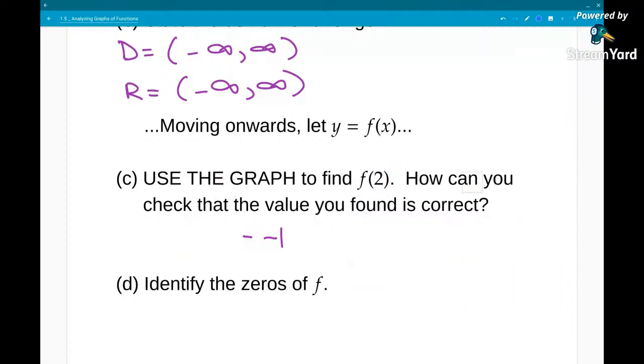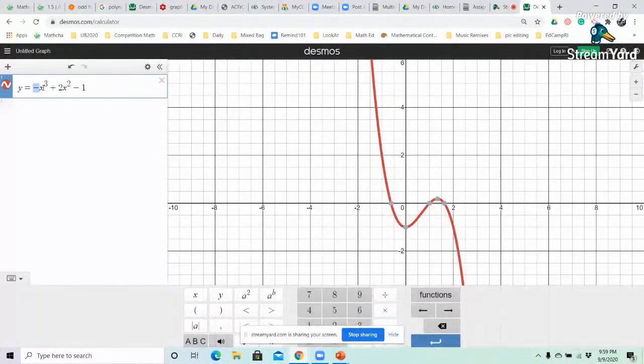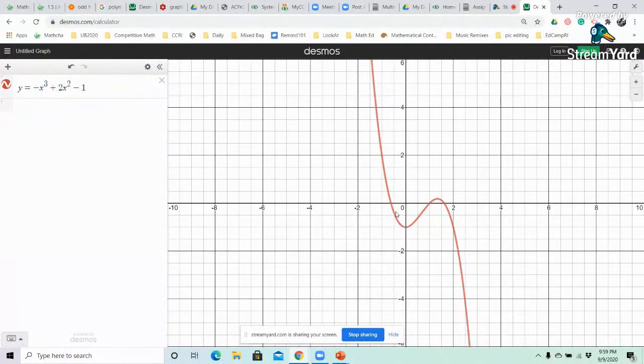How could you identify the zeros from the graph? Remind yourself from previous section that a 0 is the x value that outputs a 0. So if we look back at the graph one last time here, and I encourage you to type this in and use Desmos yourself because I'm not going to switch back here anymore. The zeros, what x values output a 0?